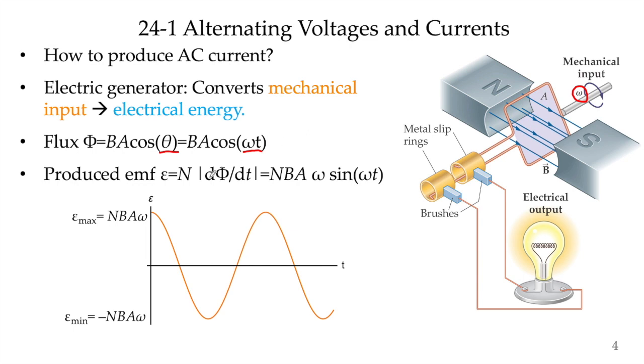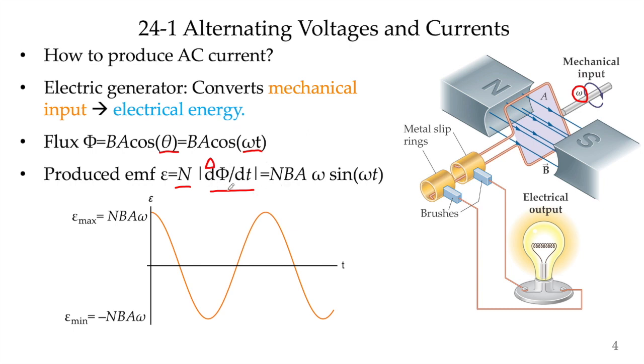Now, if you remember from the previous lecture, a voltage is produced here in this circuit, right? And it's basically N, which is the number of loops here, which is 1 in this figure, times the change of flux. I wrote it here as derivatives, but you can also write it in terms of delta, which would mean change, which is pretty much the same thing.